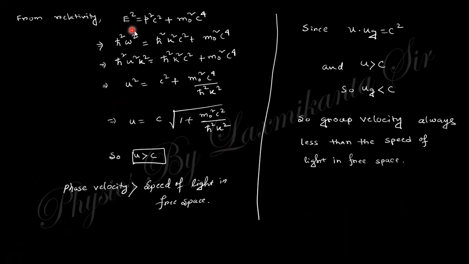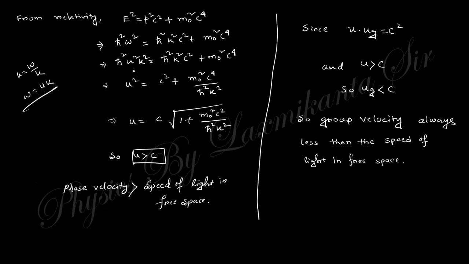Now, taking the energy equation from relativity, E square equals p square c square plus m naught square c to the power 4, with E equals h cross omega and p equals h cross k. You know u equals omega by k, so omega equals uk.